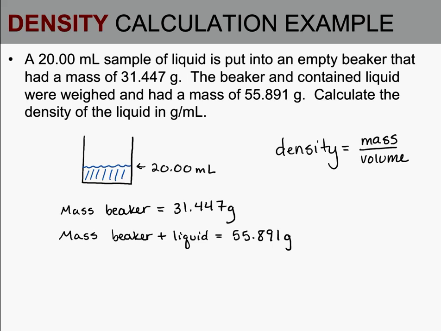But the mass, we have to figure out what the mass is from these given amounts. So it looks like we just have to subtract the mass of the beaker from the mass of the beaker plus the liquid, and that should give us the mass of the liquid on its own.